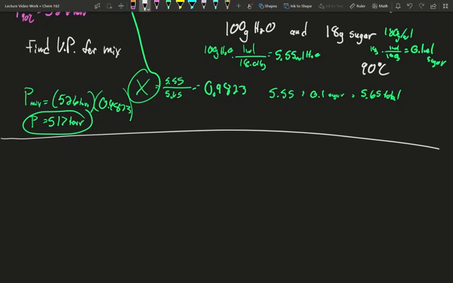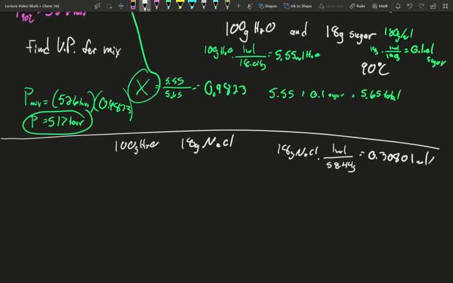If we want to do the same thing but with 18 grams of NaCl in 100 grams of water, well, 18 grams of sodium chloride, but it's only 58.44 grams in 1 mole, which would be 0.30801 mole of sodium chloride.